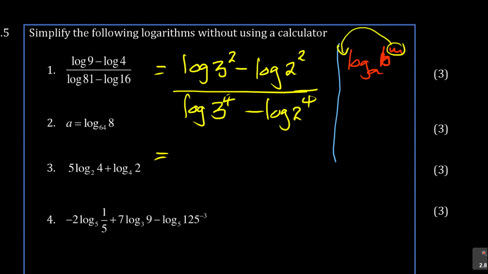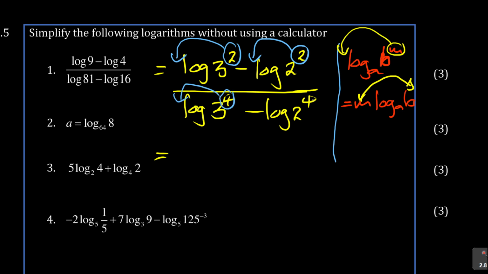So the answer becomes m times log a of b, because you have dropped the m. You must always know that this m can move to the top and become an exponent, or it can go back there. So here, in the same way, this 2 can drop, this 2 can drop, this 4 can drop, and this 4 can drop. That's it. So let's do that.